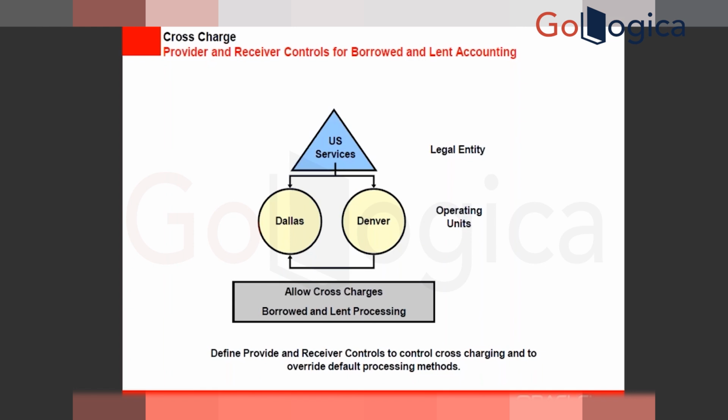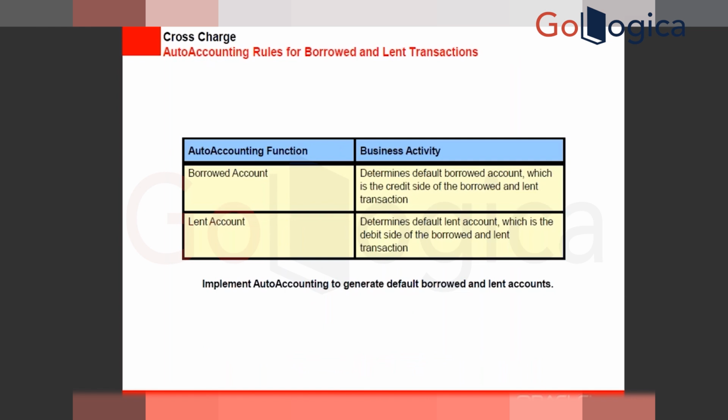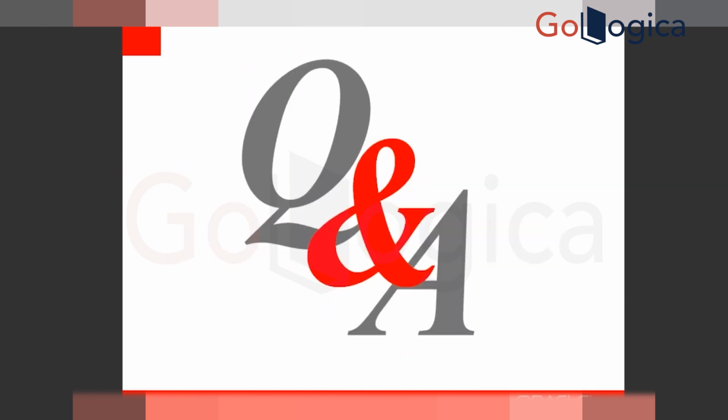It's not wide open for every legal entity or every operating unit. We are going to set the provider and receiver controls, like what the borrowed account and the lent account are. Let's see how the system looks now.